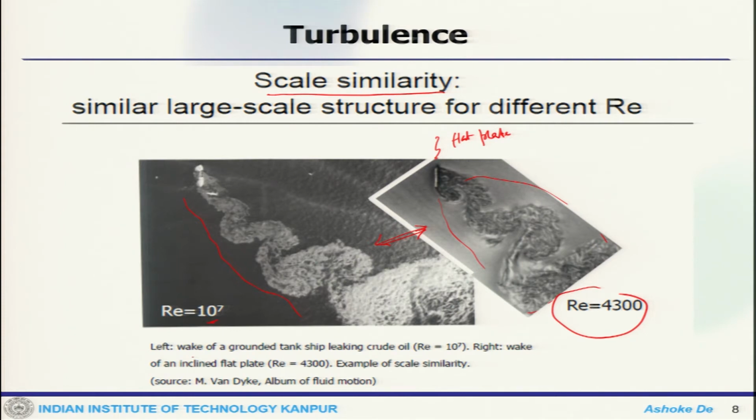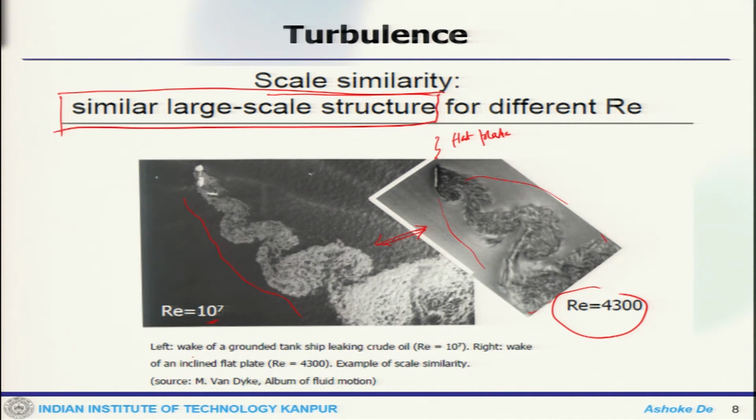One of the characteristics of turbulent flow features at different Reynolds numbers, provided they are all in the turbulent regime, is a similarity in large scale structure. This is what we call scale similarity.